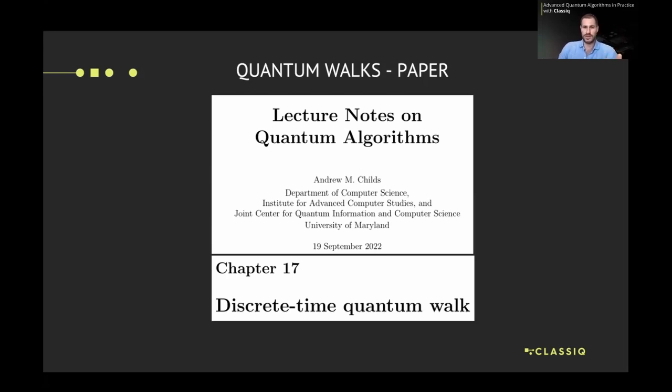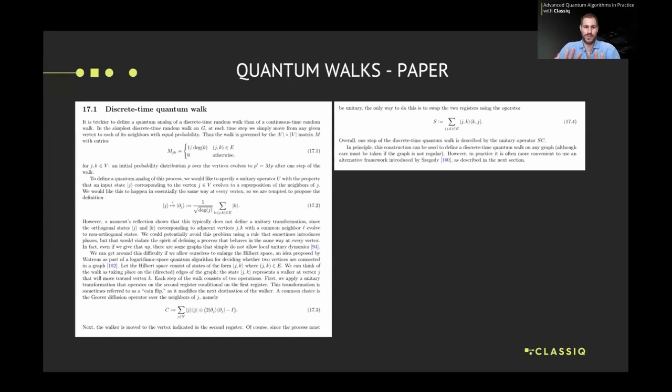So we will take the lecture notes, the specific sub-chapter, and we'll map it into a concrete implementation. The only thing that we will cover is this. It's quite short, but taking this and transforming it into actual code, an actual quantum algorithm that runs, is a bit tricky, and there are several nuances that we'll cover. But on the high level, only sub-chapter 17.1, discrete time quantum walk.